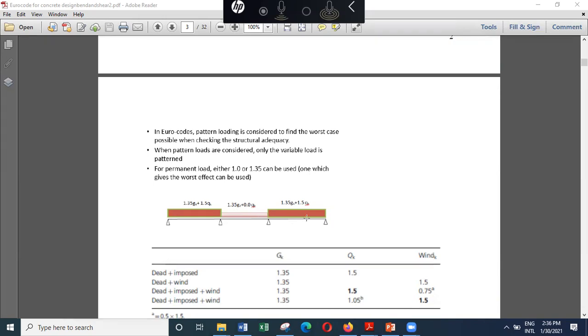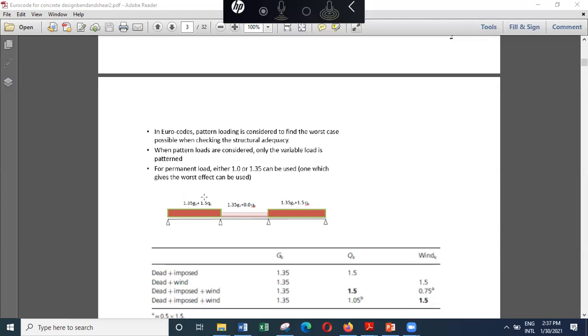Then you might say it's better to use 1.0 GK plus 0 QK. But the Eurocode says if you are using 1.35 here also it should be 1.35. On the other hand, if you are using 1.0 here also it should be 1.0. So that is one of the things that you have to consider.